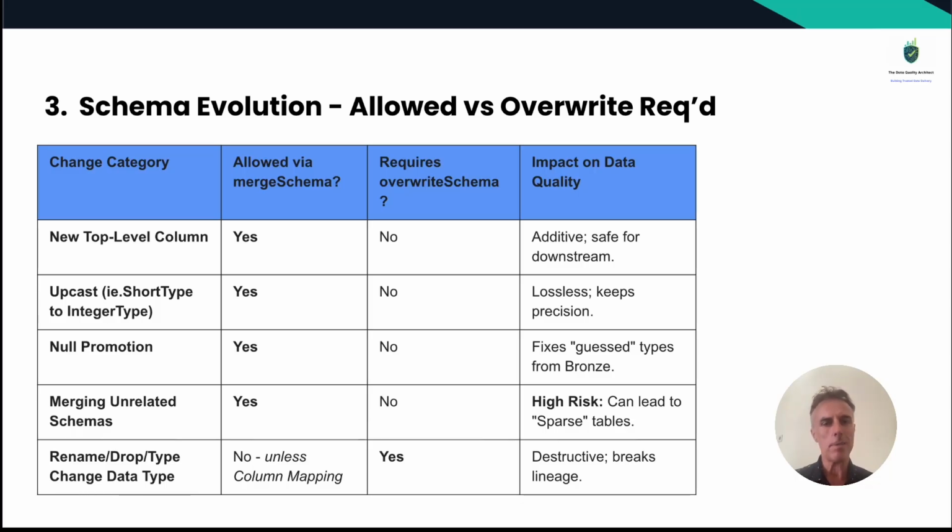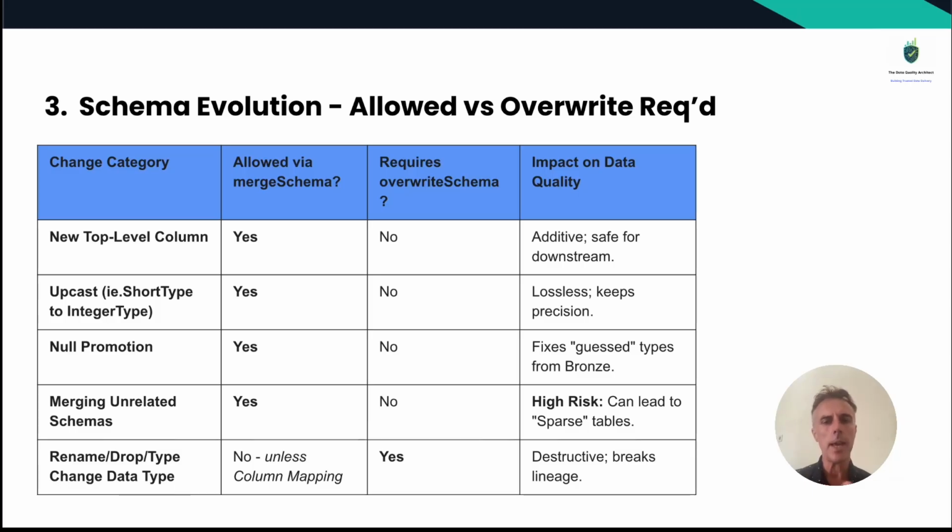The danger with this kind of approach is that it's confusing for analysts and can degrade performance if not managed properly. Now, the not allowed list is changes that need the overwriteSchema option. So, for example, drop column or rename column.